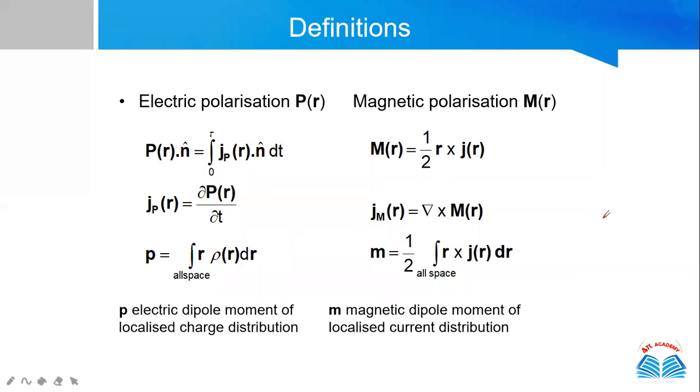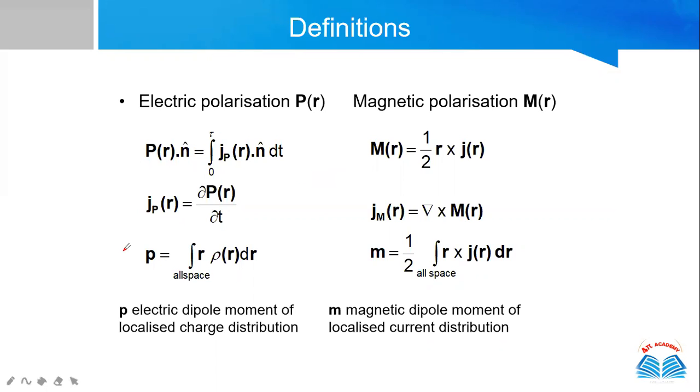Some formulas you will see here. Electric polarization P(r) and magnetic polarization M(r), and the comparison between the two. So P(r)·n̂ is equal to the integral from 0 to τ of J·n̂ dt. What is this J here?